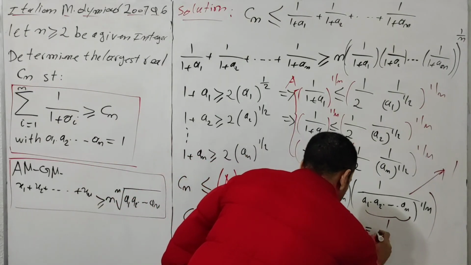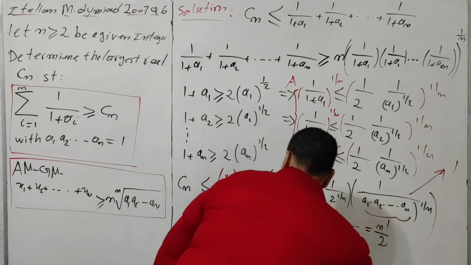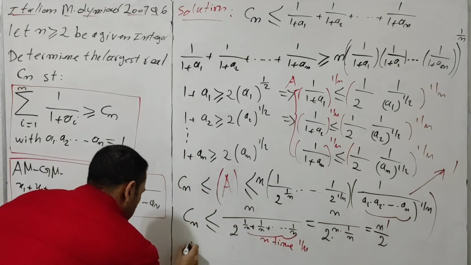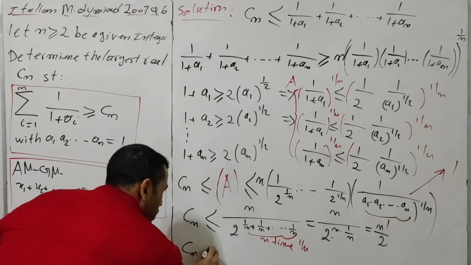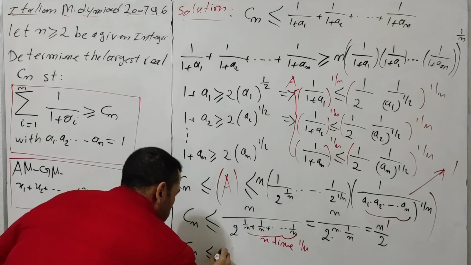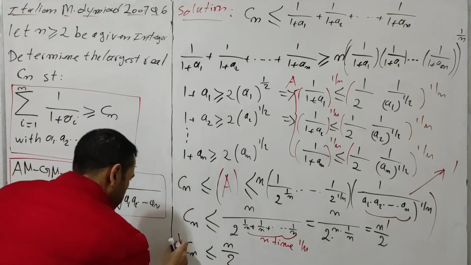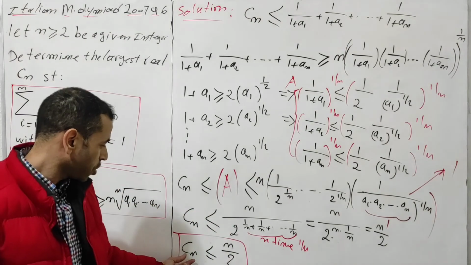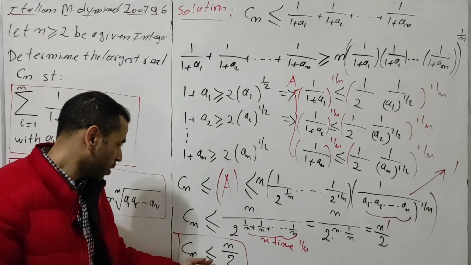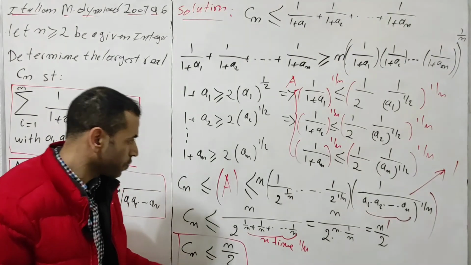I will get n over 2. So Cn is less than or equal to n over 2. The largest number Cn can take is n over 2. I'm done with this problem.